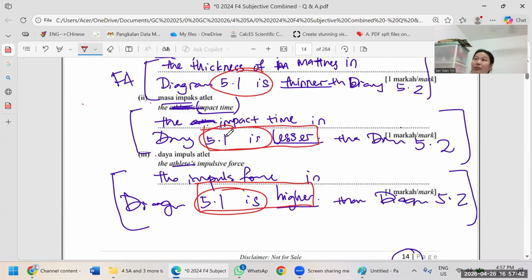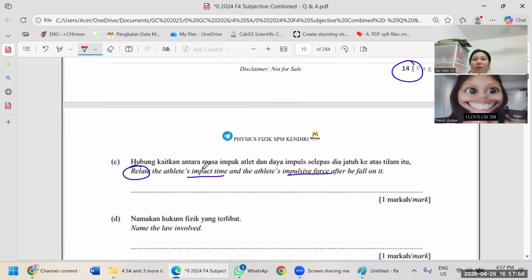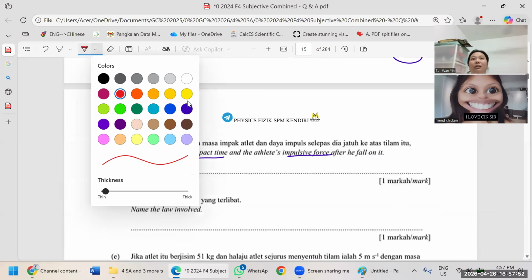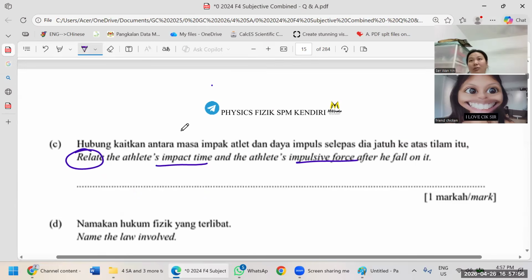So obviously, impact time increases, impulsive force decreases. I know you all like to use primary school sentences.